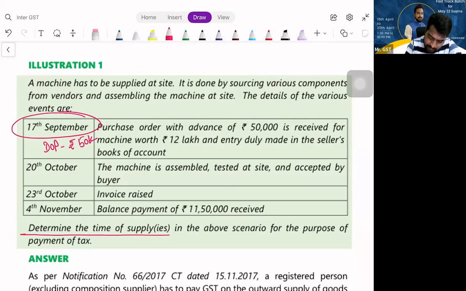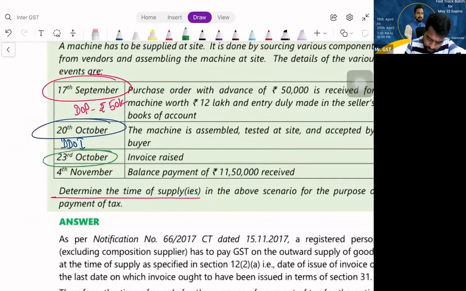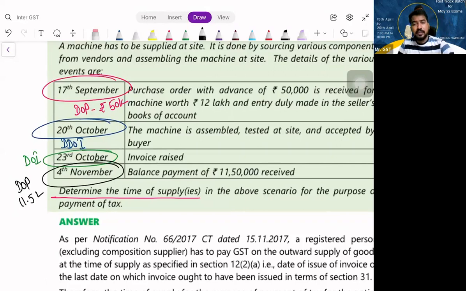That means I can say this is nothing but the due date of invoice. 23rd October, obviously, is the date of invoice. What is 4th November? 4th November is the date of payment, but for how much amount? 11.5 lakhs.